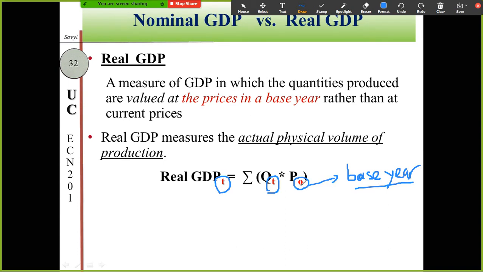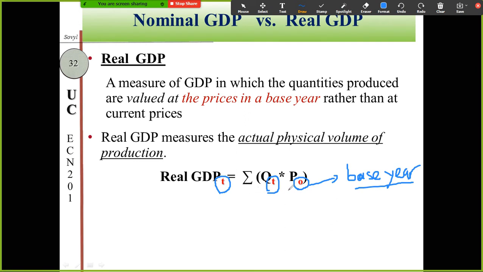0 is a number that you know exactly. 0 cannot be 1, 0 cannot be minus 1, 0 cannot be 2, 3, 4, 5. No, 0 is 0. But how about T? We don't know because T is a parameter. T could be year 2000, year 2011, year 2002, year 2015, or year 2020.